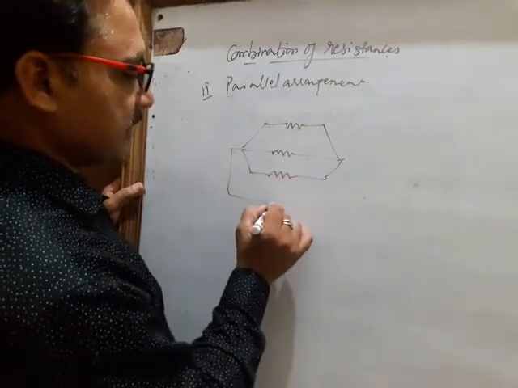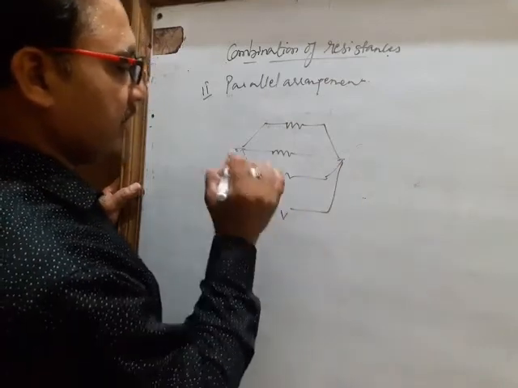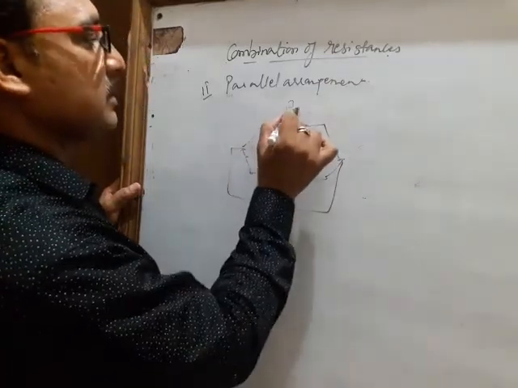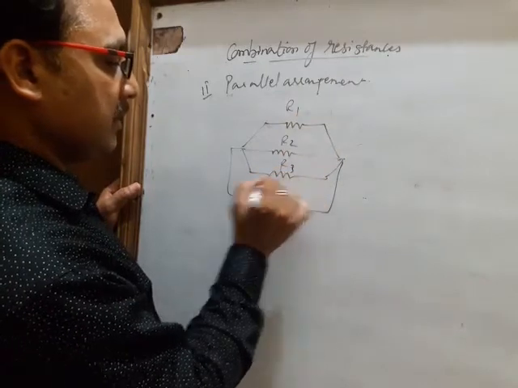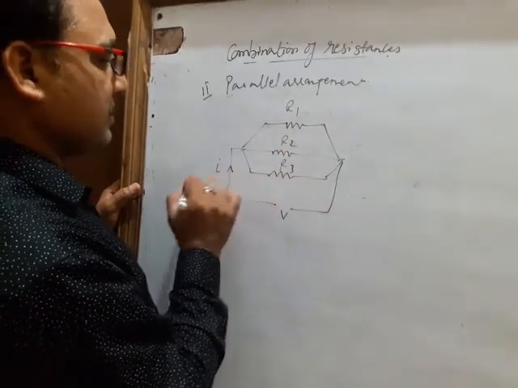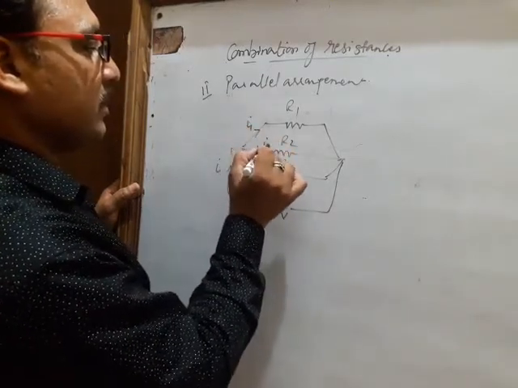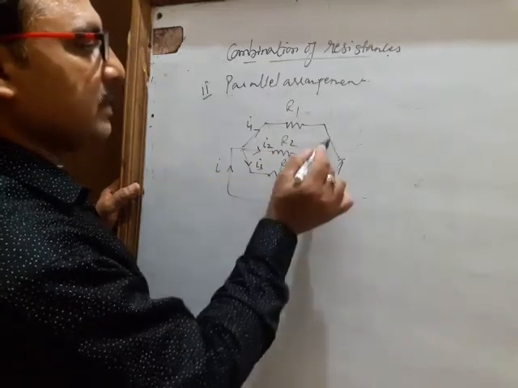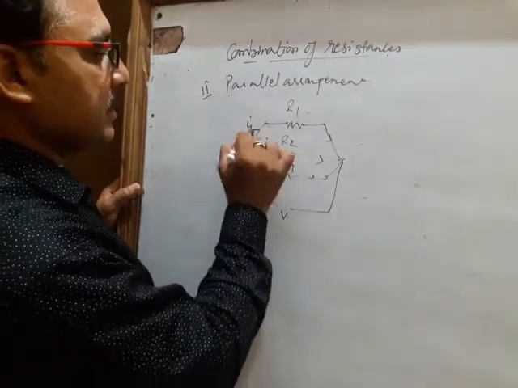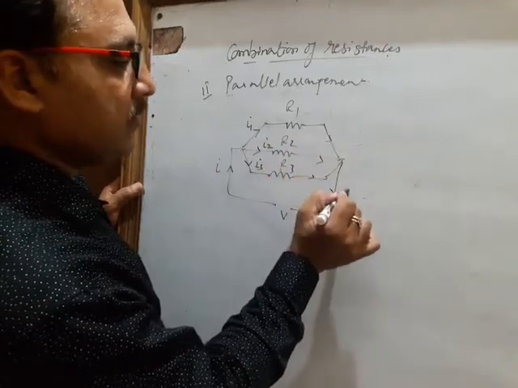You connect three resistors in parallel to a potential difference V. These are R1, R2, R3. Now what will happen? The current which goes like this will break into three branches. This is I1, I2, I3. These currents will combine to form I once again.